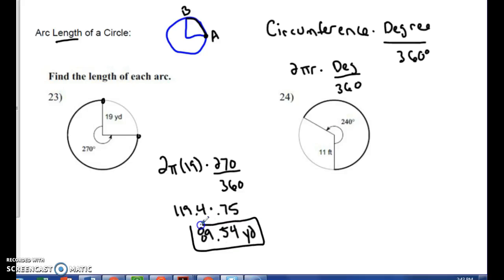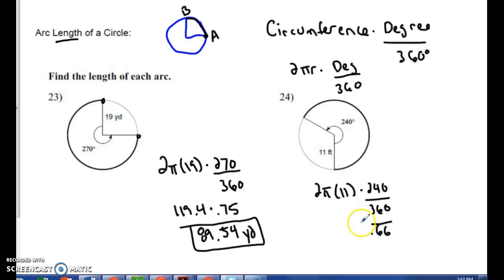So when I talk about arc length, all I'm doing is taking the circumference of my circle and figuring out what percentage of the whole circle did I travel. So I'm taking my circumference, in this case 2 pi times 11, and multiplying it by whatever decimal or percentage of the distance all the way around. So I'm going 240 degrees around a 360 degree circle. Okay? So when I take 240 divided by 360, that's the same thing as 0.66 repeating.